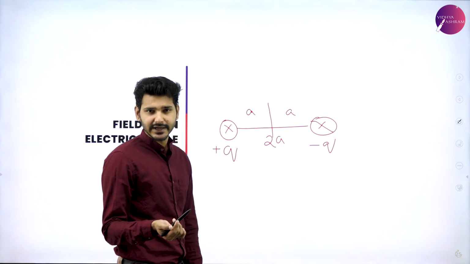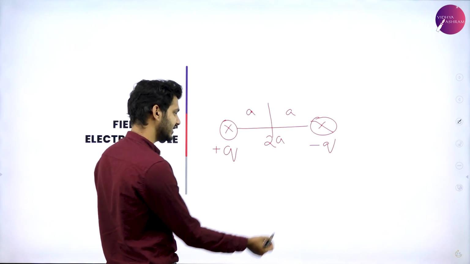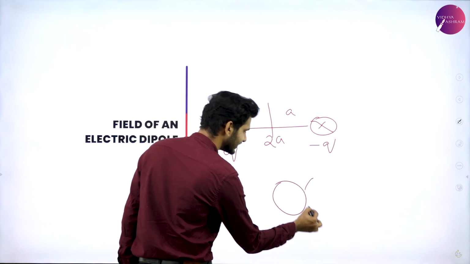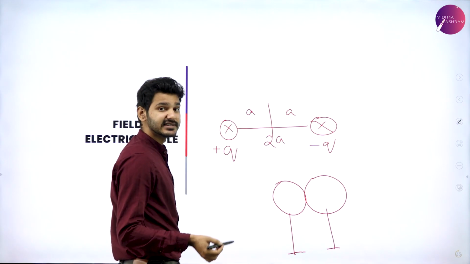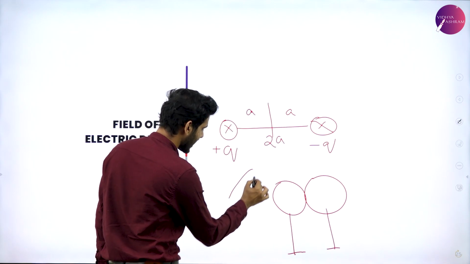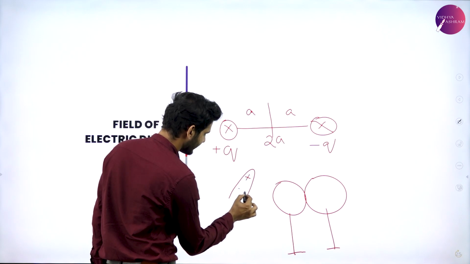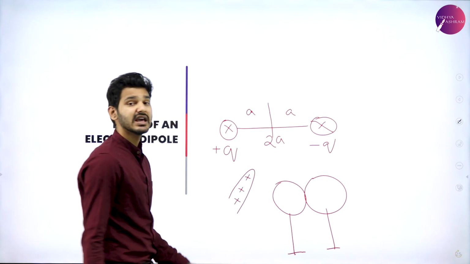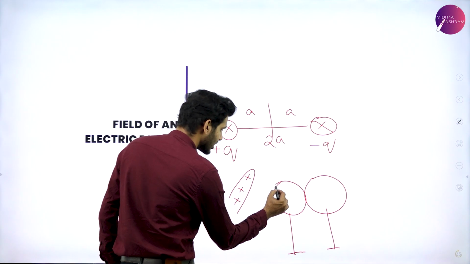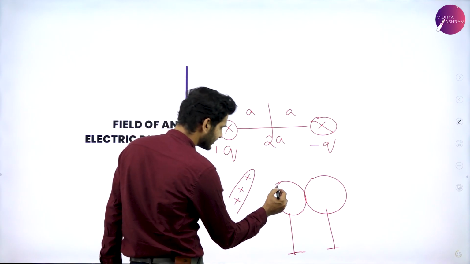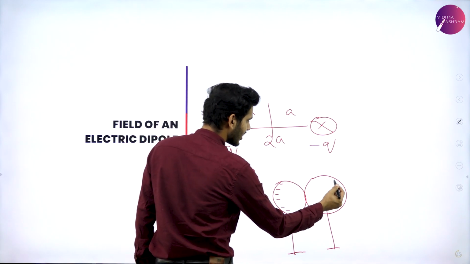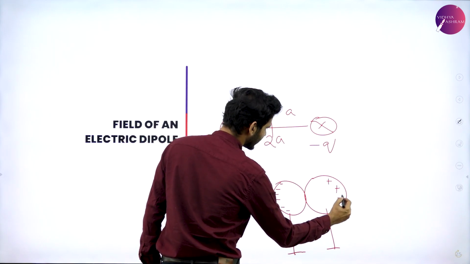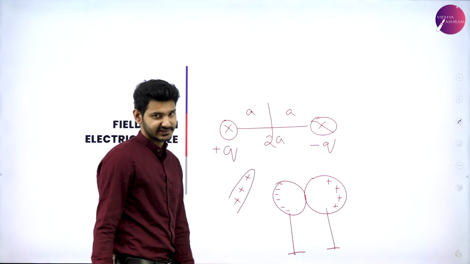And how can you create a dipole? It's fairly easy. If you have two metal spheres that are in contact with each other, and we bring, let's say, a positive rod near this, then again, as we discussed earlier, there will be charge separation here, and one charge will be concentrated on the other side.